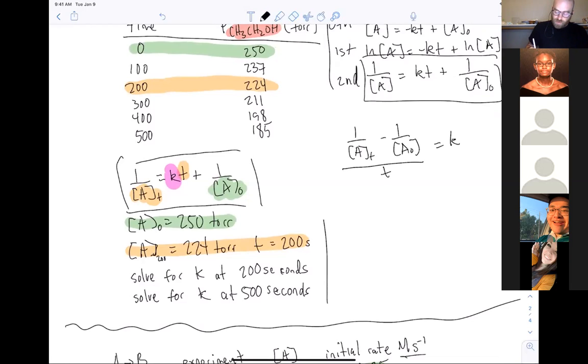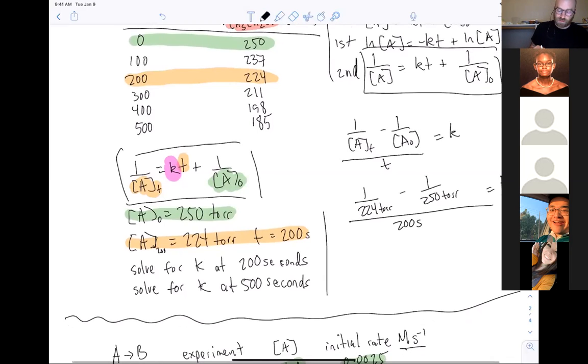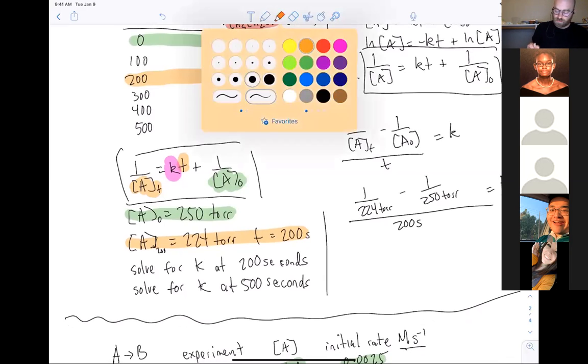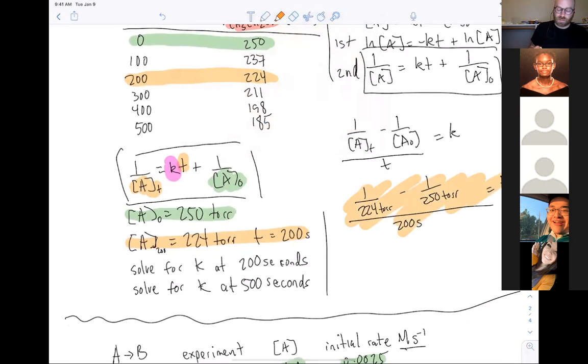So what do we have here? We've got 1 over 224 torr minus 1 over 250 torr, and that's all divided by 200 seconds. So that'll give us one value of k. And then we can look at a different value of k.